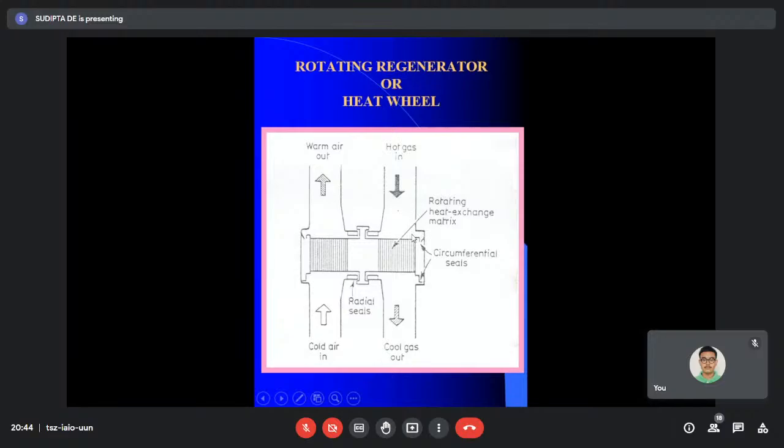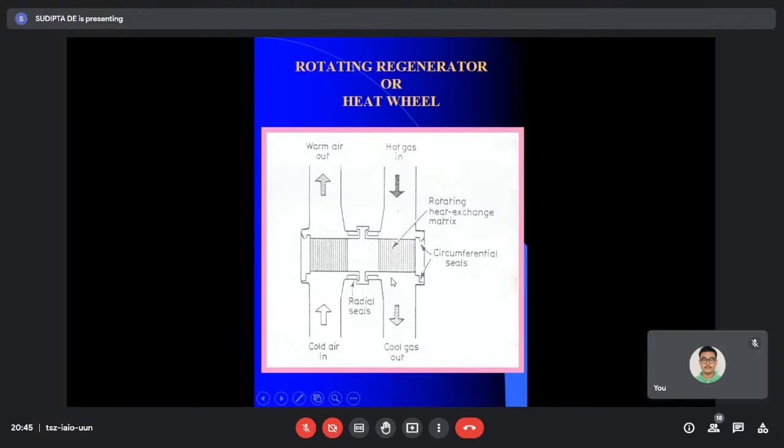Now, in the radial section, because the wheel has to rotate, between the cover and the wheel there must be some gap, otherwise it will foul with the cover. So if the rotation has to be allowed, there must be a gap between the cover, which we will call the shroud, and this particular wheel.